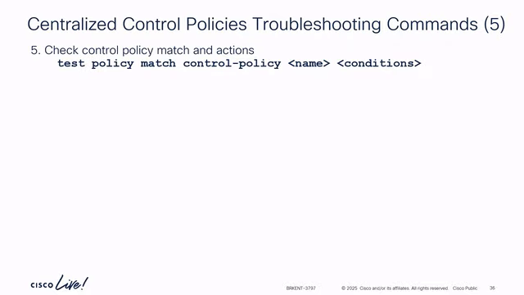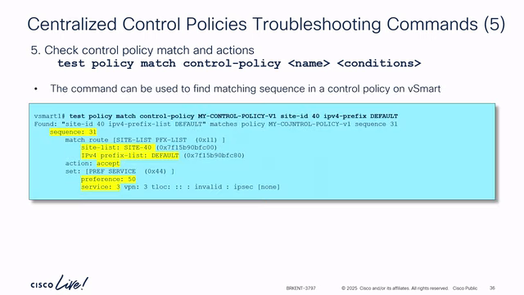Step number 5, logical verification of policy. For example, here I want to verify my control policy. What will be applied for the advertisement from site 40 to the default, if site 40 advertises default prefix list, right?